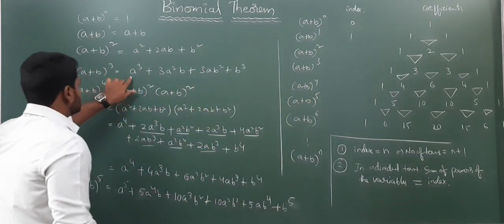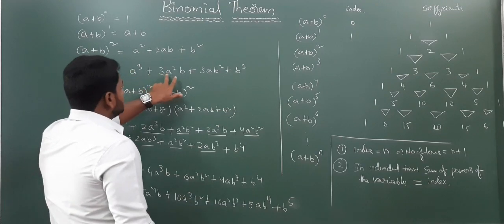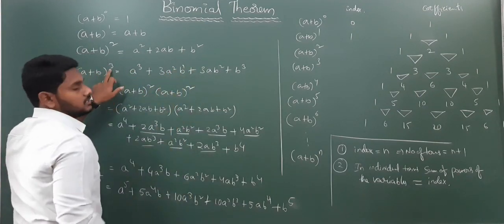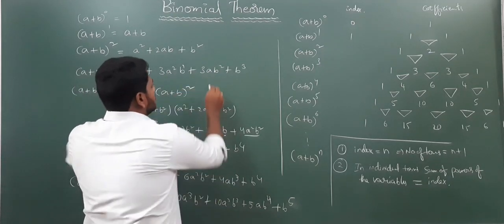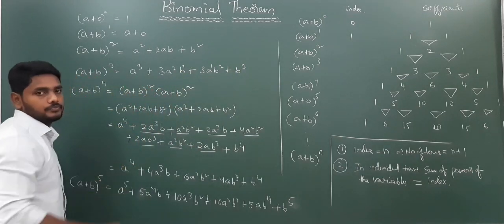If you observe here, a power is what? 3. 3 is equal to this index or not? Next, in this term, a square b, here 2 is there, here 1 is there. 2 plus 1 is what? 3. Next, here a power 1 is there, here b square is there. 1 plus 2, 3, here also 3.